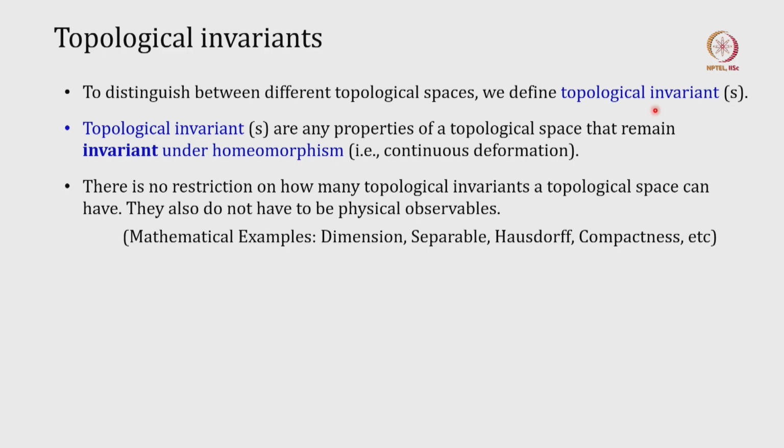Okay. So, mathematically topological invariants are any properties of a topological space that remain invariant under homeomorphism, which is a continuous deformation or continuous map which is bijective. There is no restriction on how many topological invariants a topological space can have. It can be many things, including even something as simple as dimension.